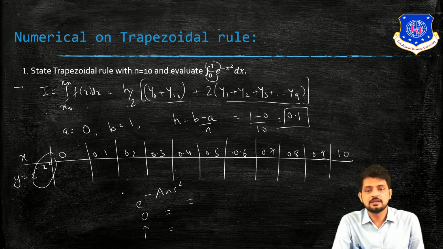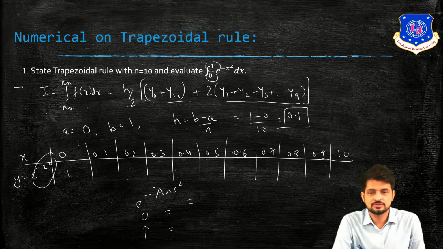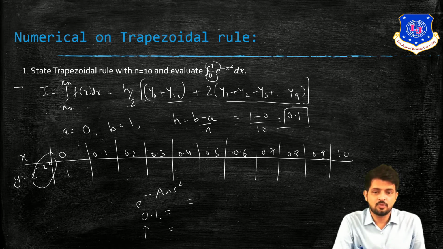See, this will give you the value of e raised to minus 0 square, and that is 1 because e raised to 0 is 1. Now in place of answer we have to place 0.1, so 0.1 equal to, up key, equal to.